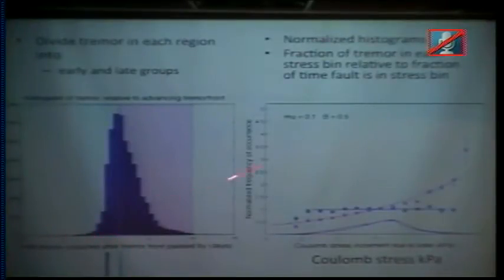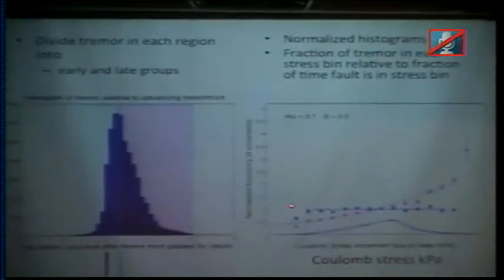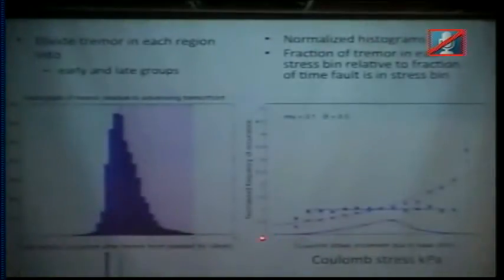And so what I do, this is something I need to explain. It's color-coded, so dark blue is the early group, magenta is the later group of tremors, and I've plotted on the horizontal the Coulomb stress change due to the earth and ocean tides.